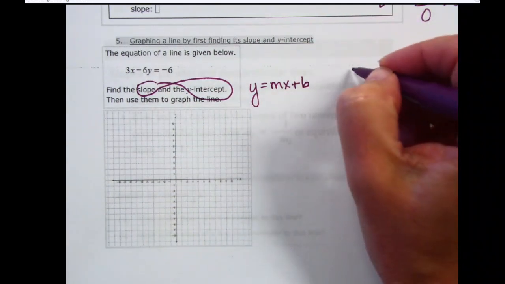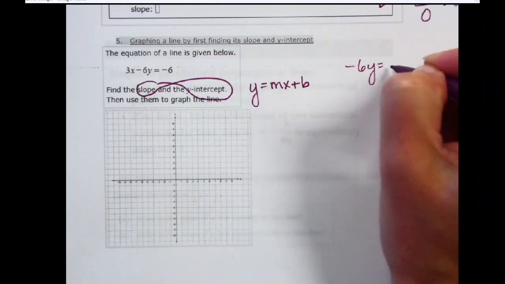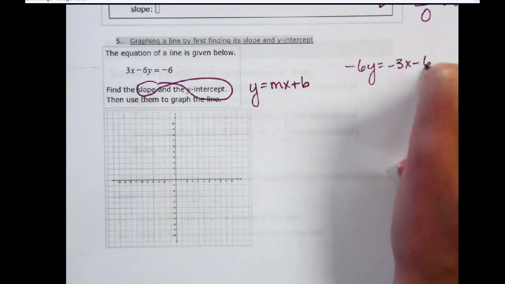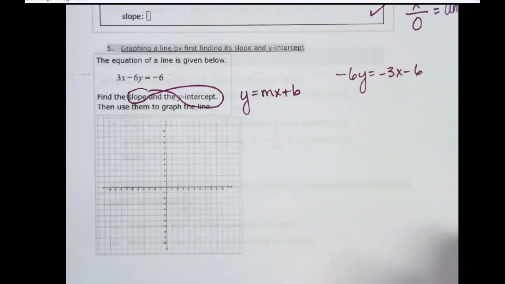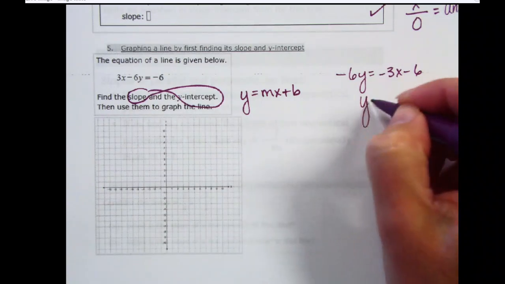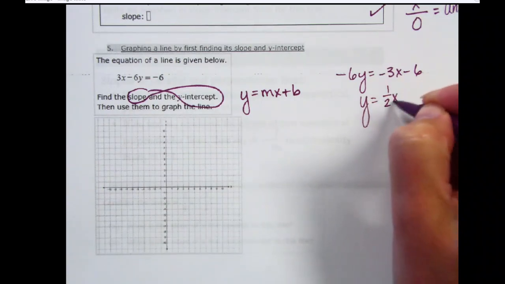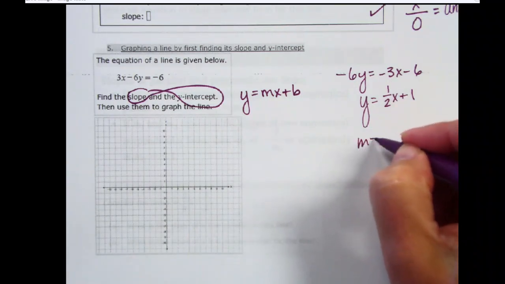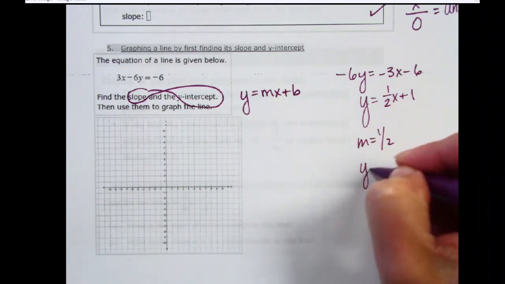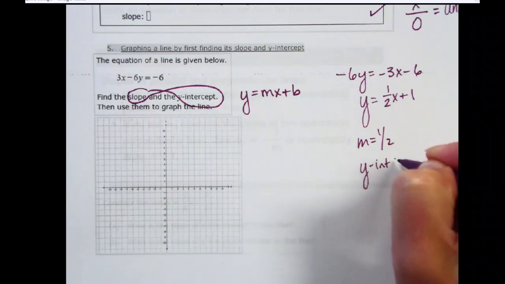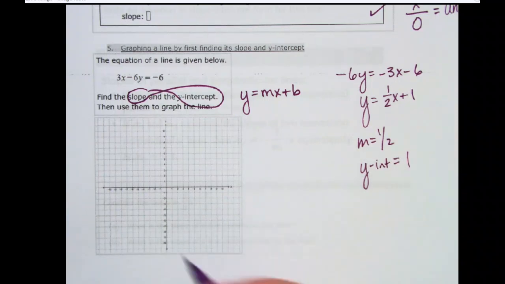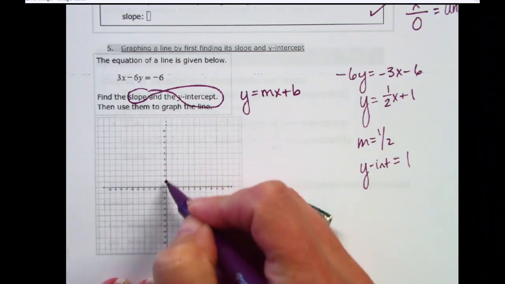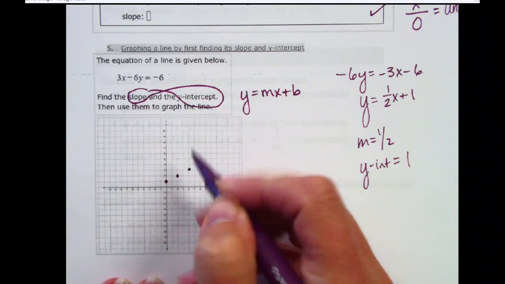All right, so I'm going to have negative 6y equals negative 3x minus 6. Divide everything by negative 6. 1/2 x plus 1. So my slope is half. My y-intercept is 1. Up 1 over 2.